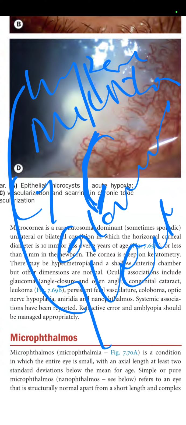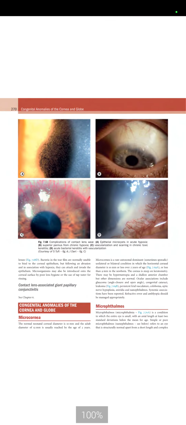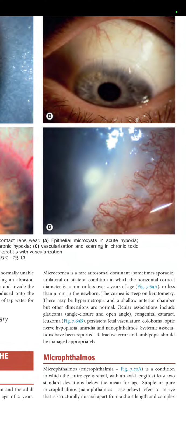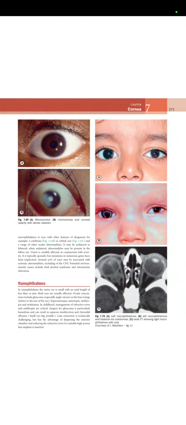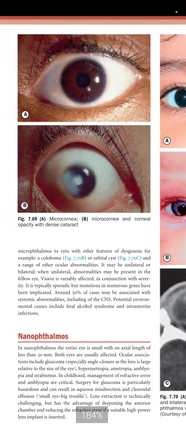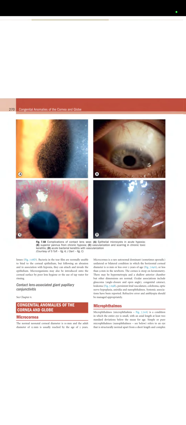There can be persistent fetal vasculature, optic nerve hypoplasia, aniridia, and nanophthalmos. We will discuss nanophthalmos later. So you can see figure 7.6 a and b. It is showing a microcornea, and b microcornea and corneal opacity with a dense cataract.